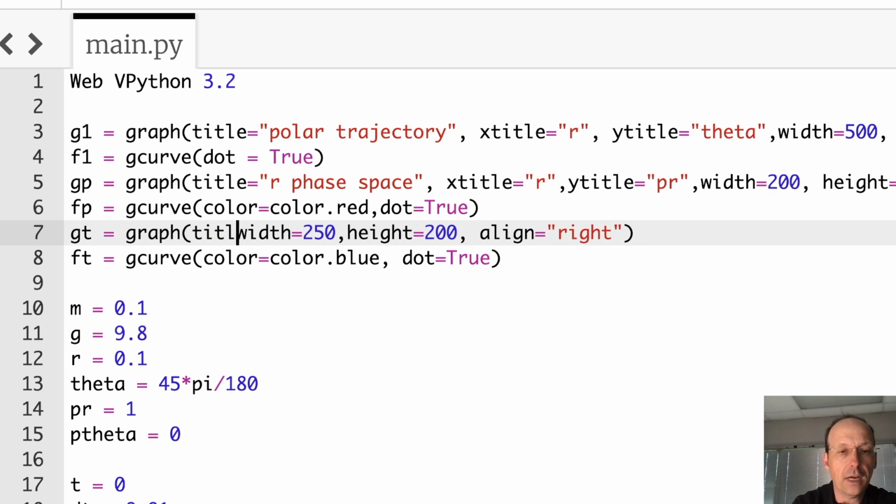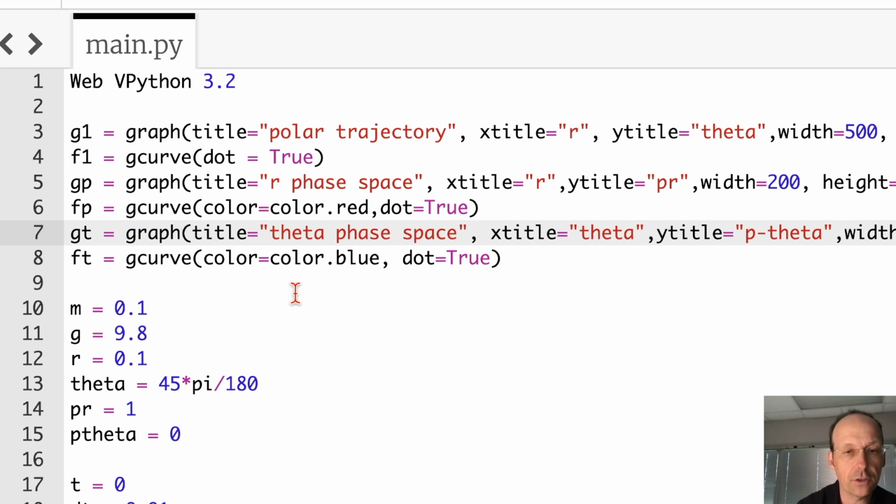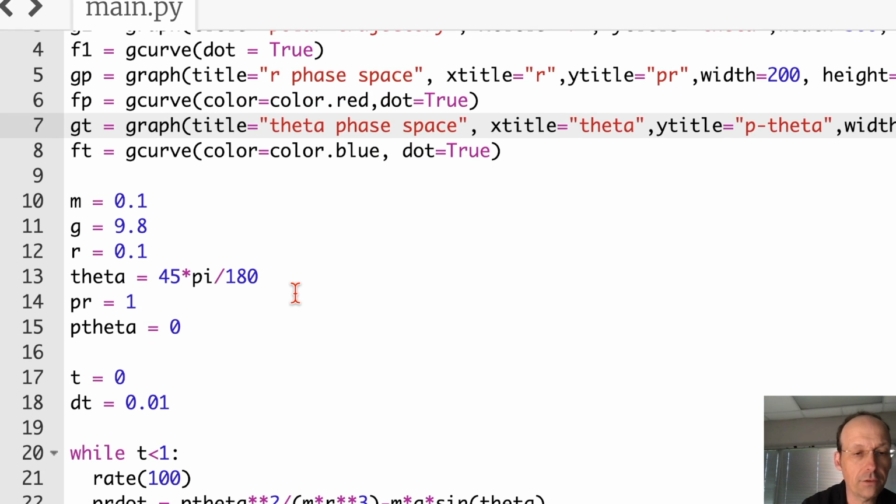Let's put title equals theta phase space, and then X title equals theta, Y title equals P theta. Okay. And then everything should be true. And then let's run it.